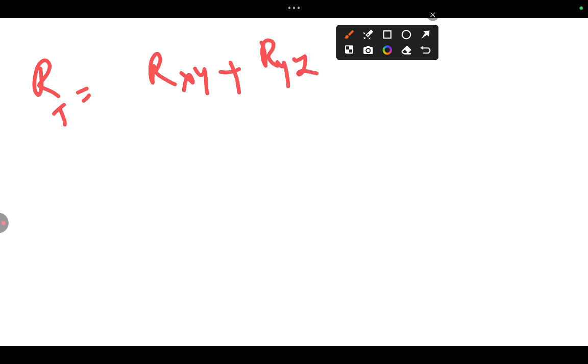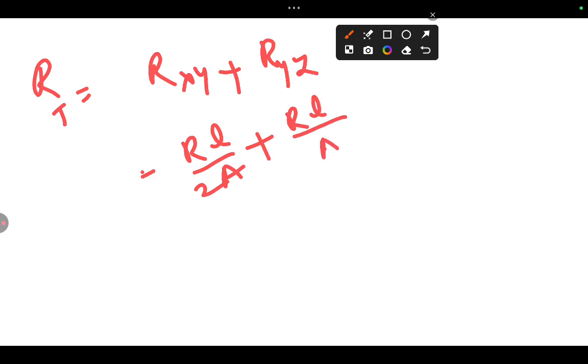So here this is rho L by 2A plus rho L by A. Now simplify. What will you get? With LCM 2A, we will get 3 rho L. Am I right? You can check.